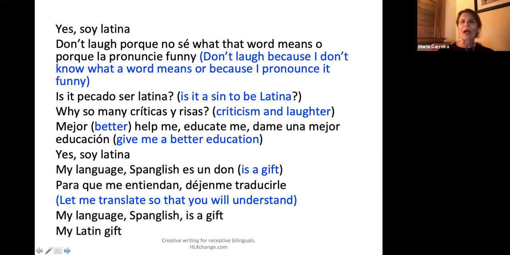You can see how any student will feel extremely proud of being able to create something like this. So this is a prime example of how to use code switching and translanguaging to get receptive bilinguals to start producing with language meaningful and deeply satisfying writing.